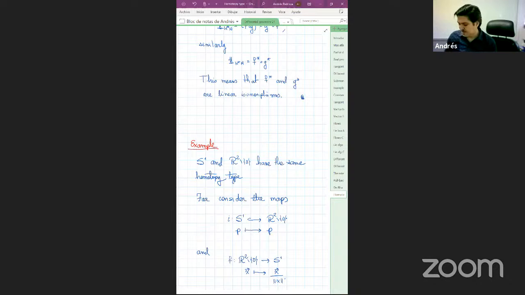I claim that these two maps will help me to conclude that the circle and the punctured plane have the same homotopy type. So I have to compose both maps and show that they are homotopic to the identity.